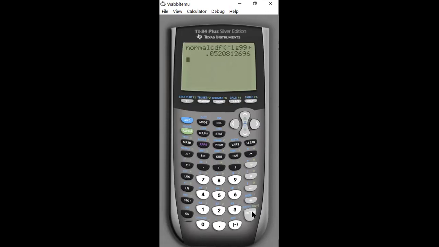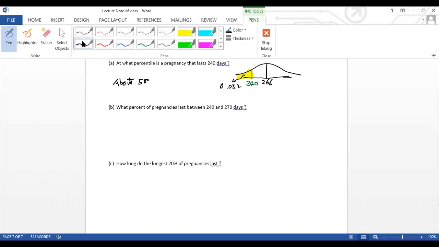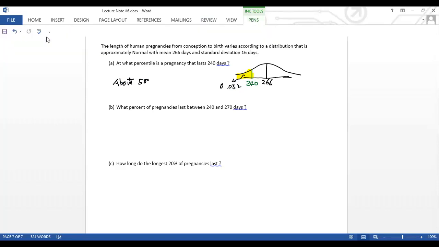Then you go boom. So this is 0.052, right? So you can find the area here. That means this area is 0.052. So it's about 5%, this is the 5th percentile, right? That means more than 5% will last.